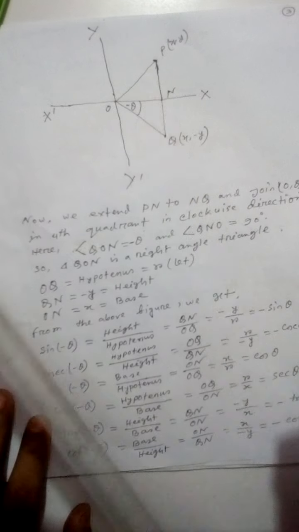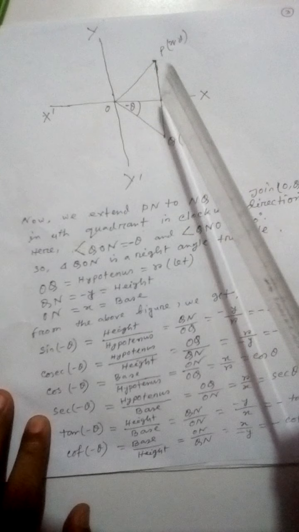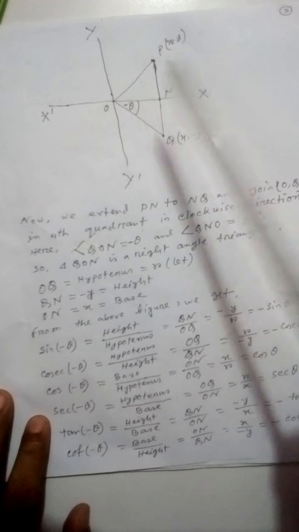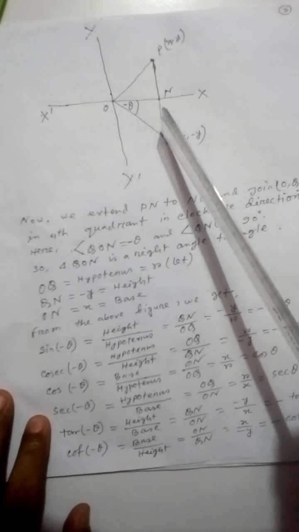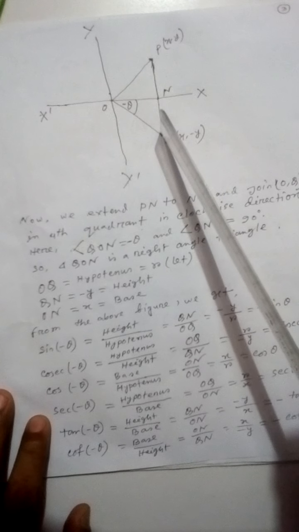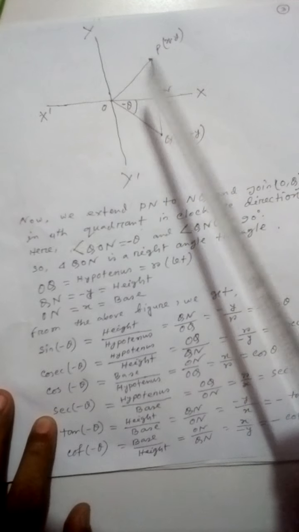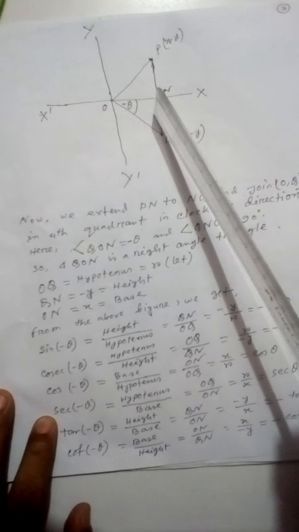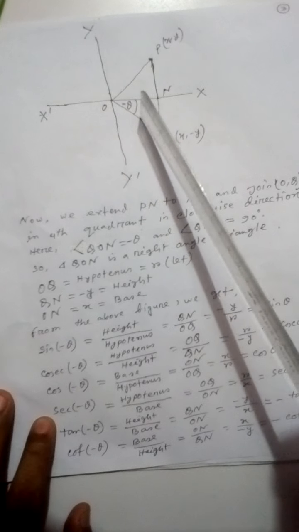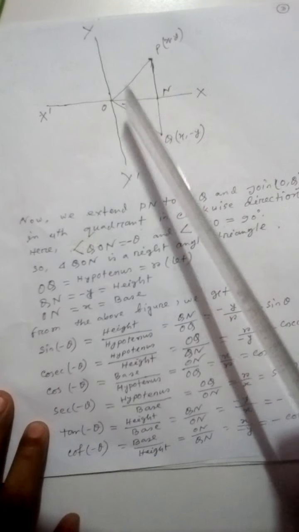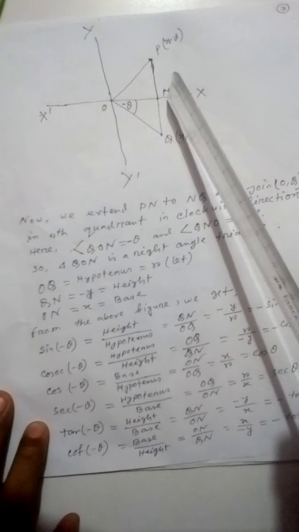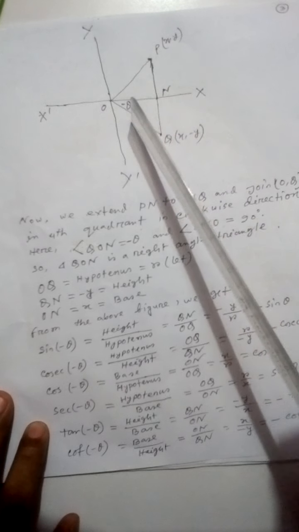Cos minus theta equals base divided by hypotenuse, that means ON divided by OQ equals X divided by R equals cos theta. Sec minus theta equals hypotenuse divided by base, that means OQ divided by ON equals R divided by X, that means sec theta.